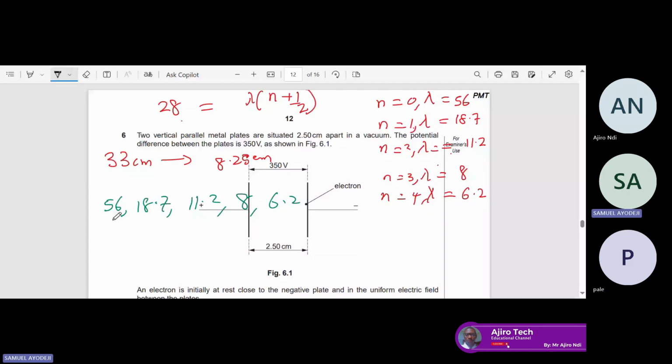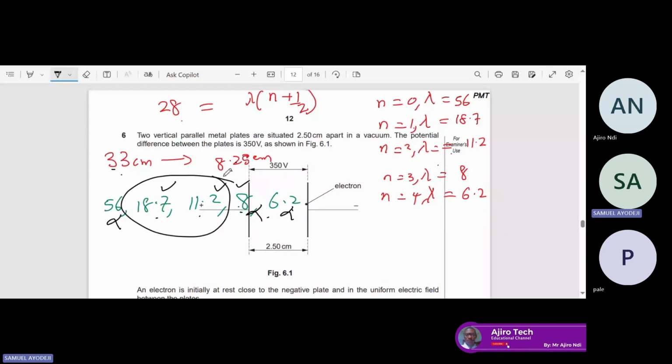Is this one there? No, 6.2 is not in the range. So how many do we have now? 1, 2, 3. Also 8 is not in the range. Okay, 8 is below. Only these 2 are possible.